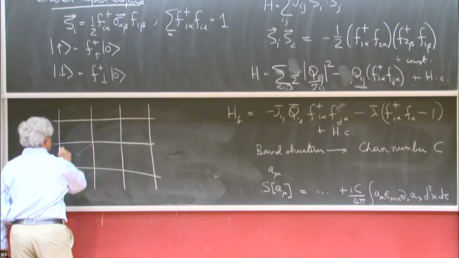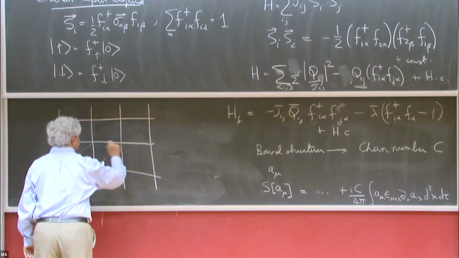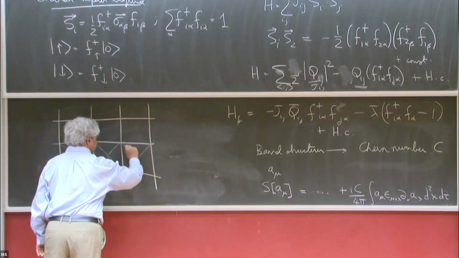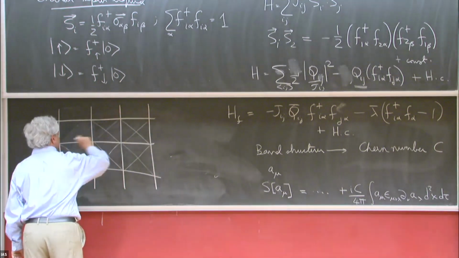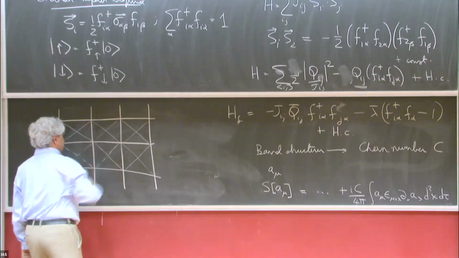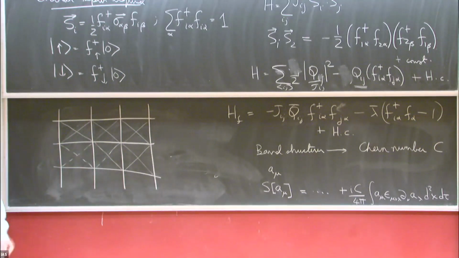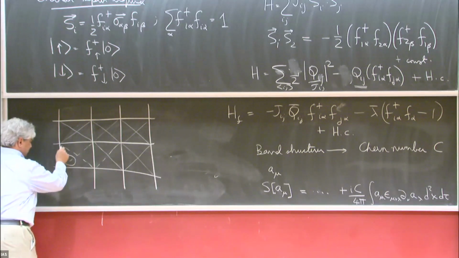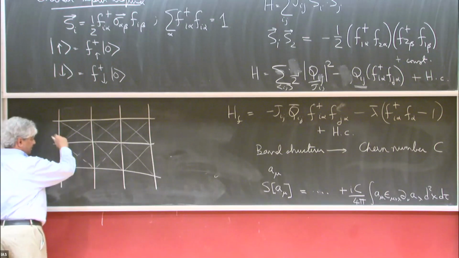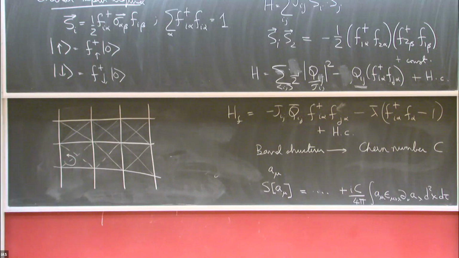We're also going to have bonds on the diagonals. And you're going to choose a band structure so that the flux, the product of the phases of the bonds around every plaquette, is i. So that's what you want to choose, and that will give you a band structure with a non-zero Chern number.